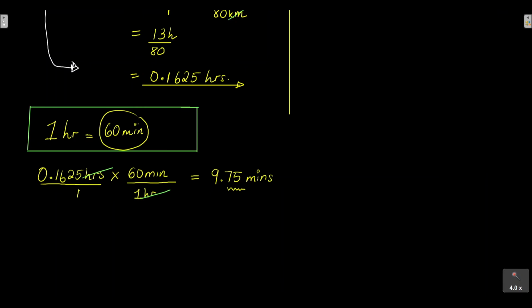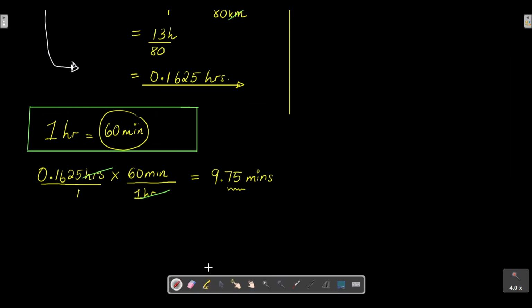Remember, we want our answer to be in minutes as well as seconds, meaning that the 0.75 that we have here represents the seconds. So how can we convert that 0.75 into seconds? We already know that 1 minute is equal to 60 seconds. This is going to help us convert these minutes into seconds.